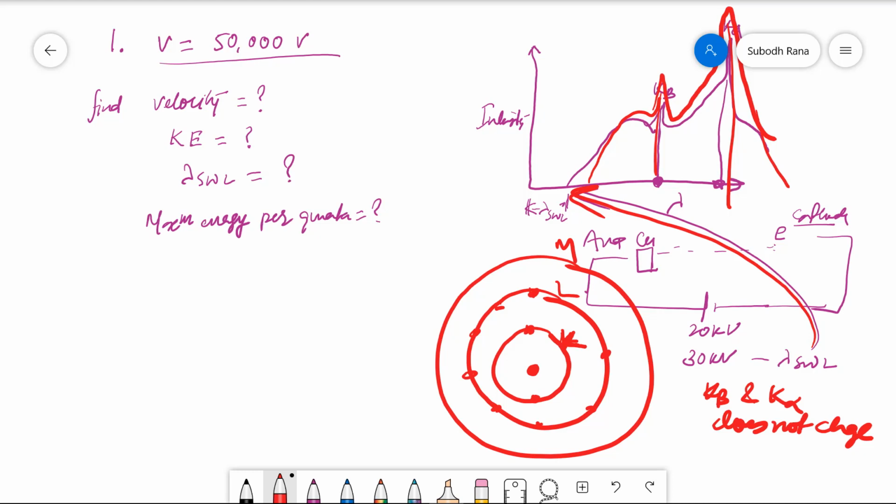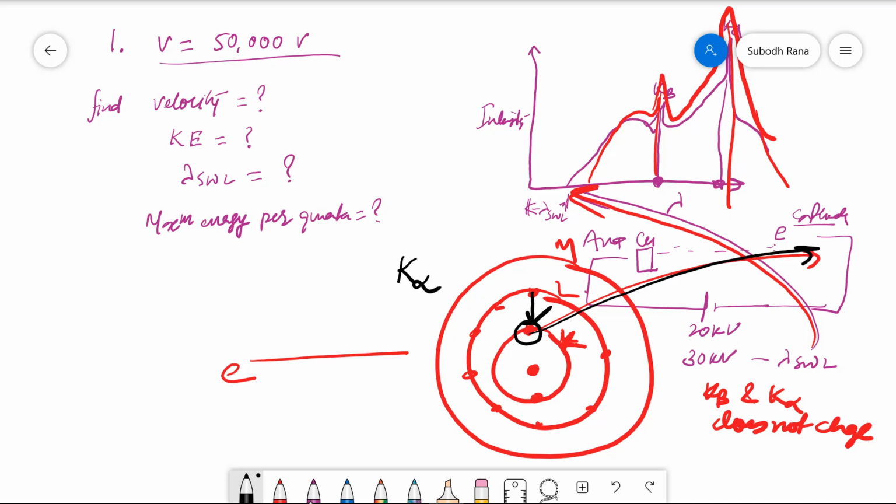Suppose an electron hits a metal. Then an electron is ejected. Since a gap is created, one electron may fall from the L shell, and since this electron falls from the L shell, this is called K alpha.